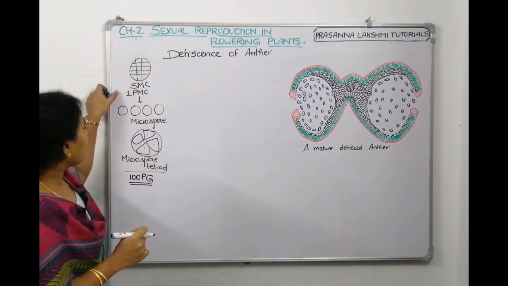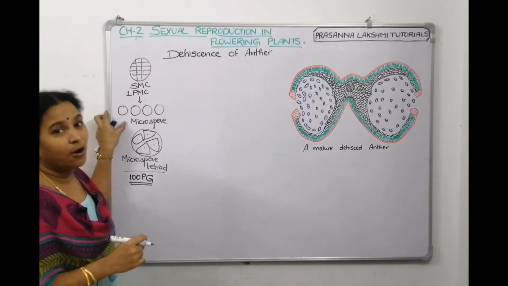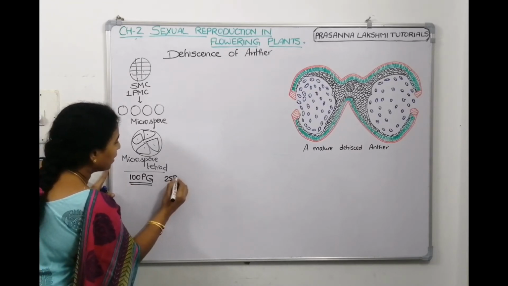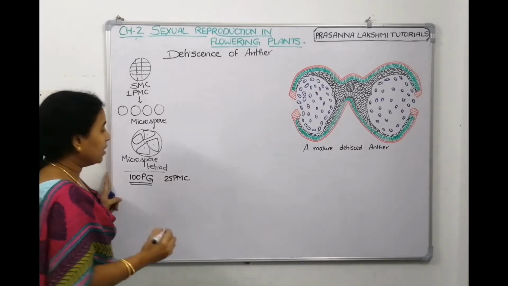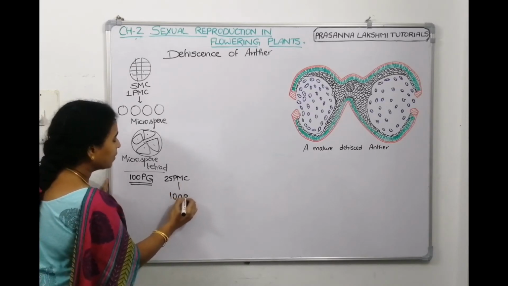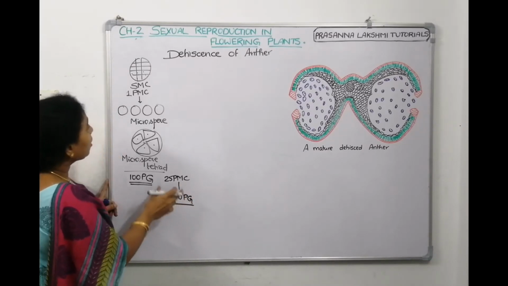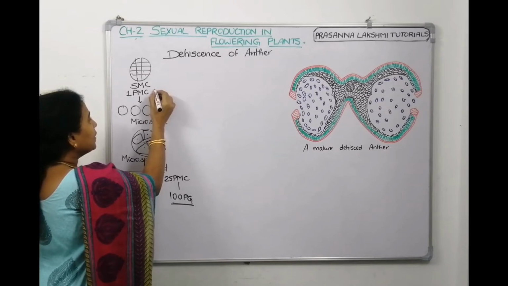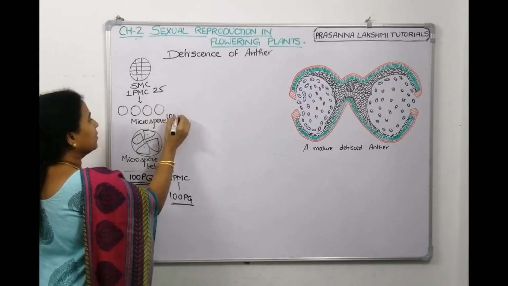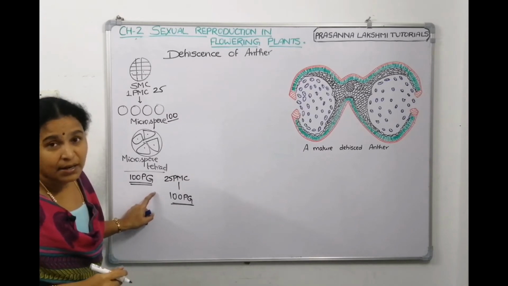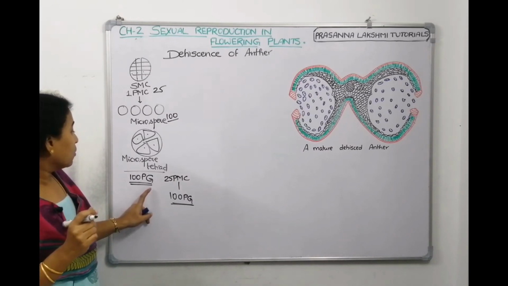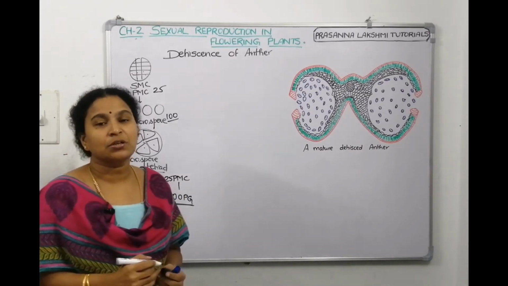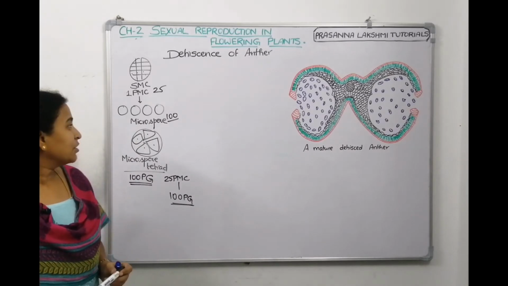From one pollen mother cell, 4 microspores are formed, so to get 100 pollen grains, 25 pollen mother cells are required. 25 pollen mother cells will produce 100 pollen grains or microspores, because one makes 4. So 100 divided by 4 is 25. Is this your answer? Let me check in the comment box, right?